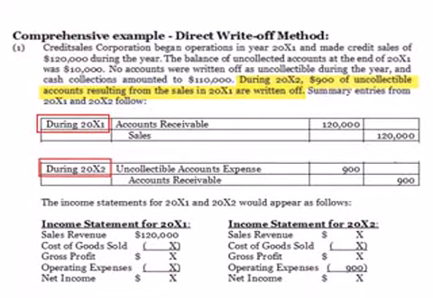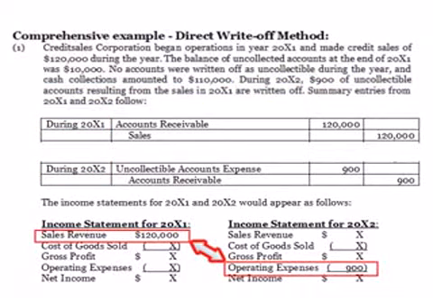Under the direct write-off method, the uncollectible account expense will be recorded in 20x2, but the sales revenue was recorded in 20x1. This uncollectible account expense is one of the expenses that were incurred in order to generate the 20x1 sales revenue, and it was incurred during 20x1 when the sale was made to the wrong person.